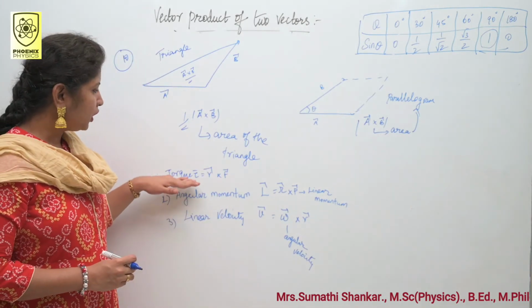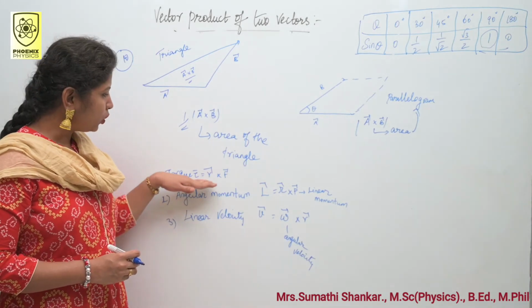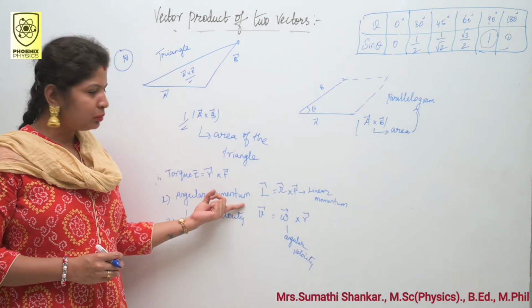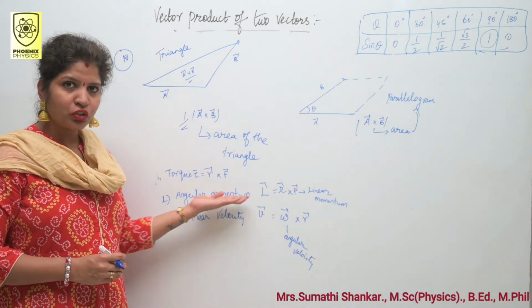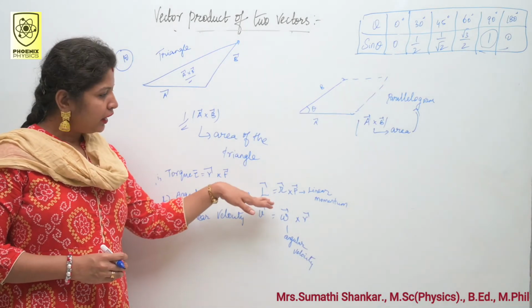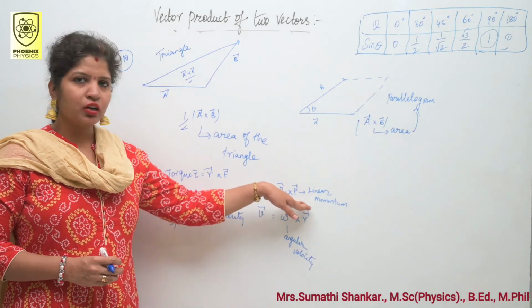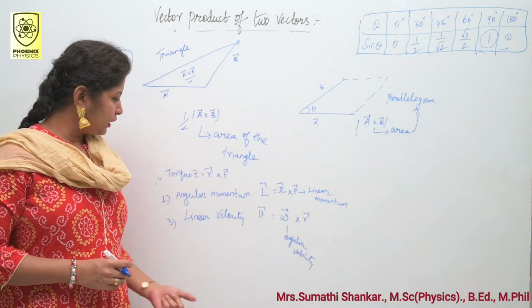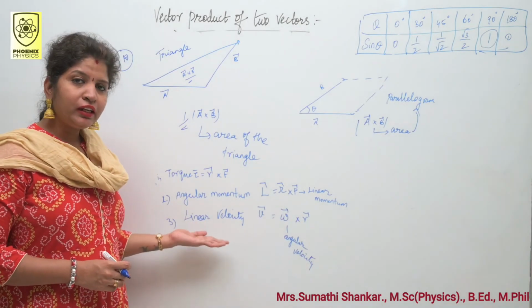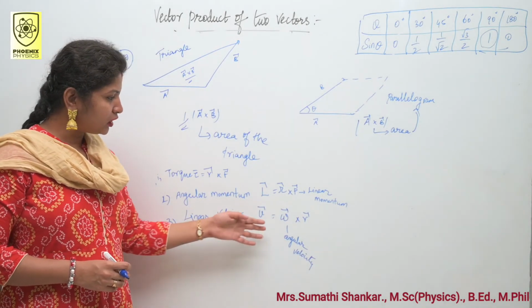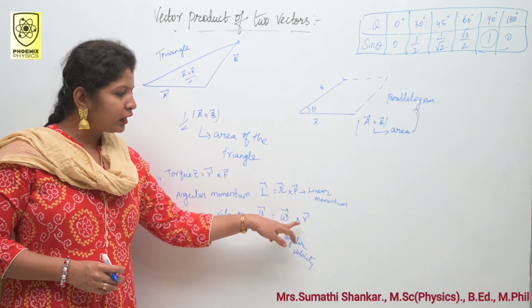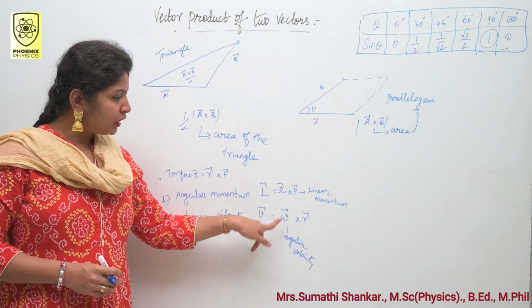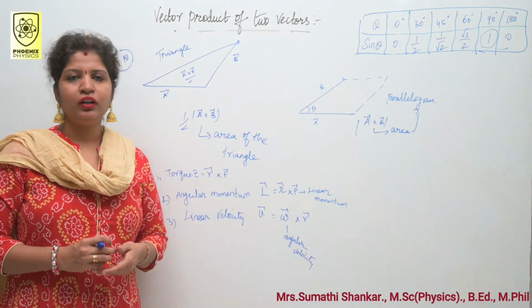You know the formula, torque tau is equal to r cross F. Then angular momentum, denoted by the letter L, L vector is equal to r cross p. You know that p is linear momentum. Then we can calculate linear velocity also. Linear velocity v is equal to omega cross r vector. Omega is nothing but our angular velocity.